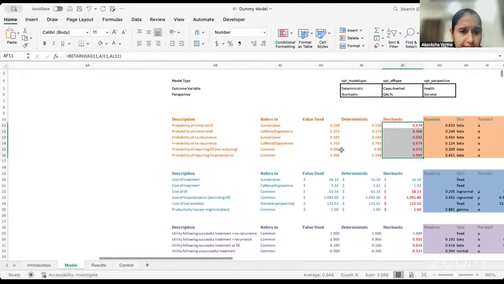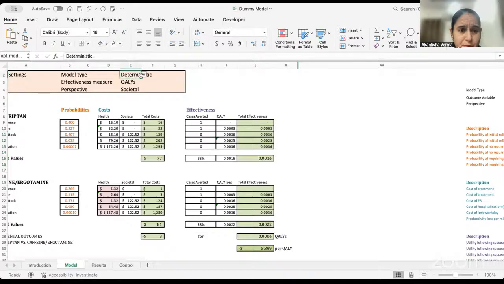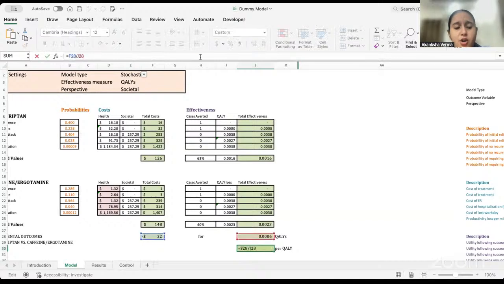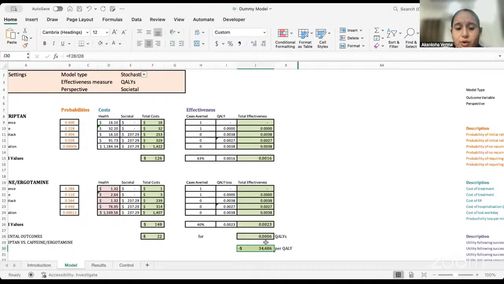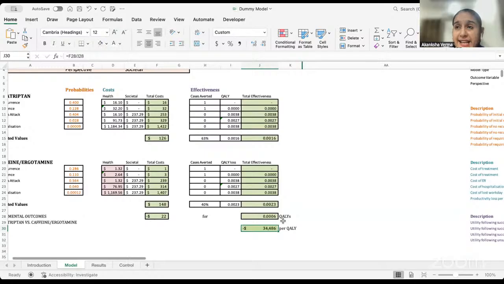Now, let me put my model type to stochastic. As soon as I did stochastic, my model results are updated. Now this is showing us the savings: we are spending 34,000 less to gain an extra QALY, right?